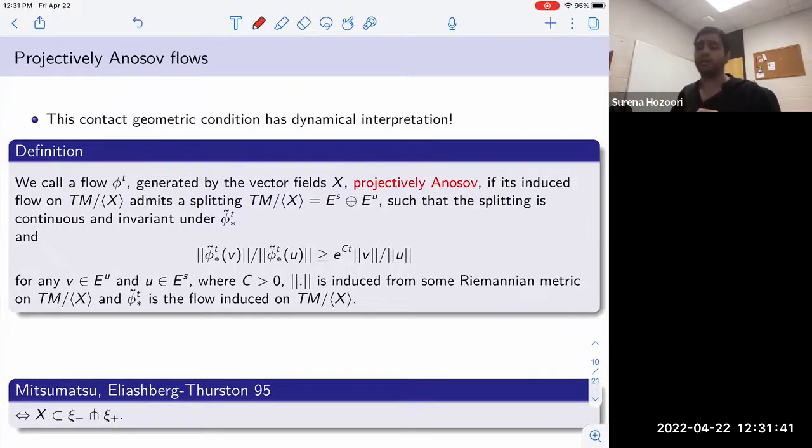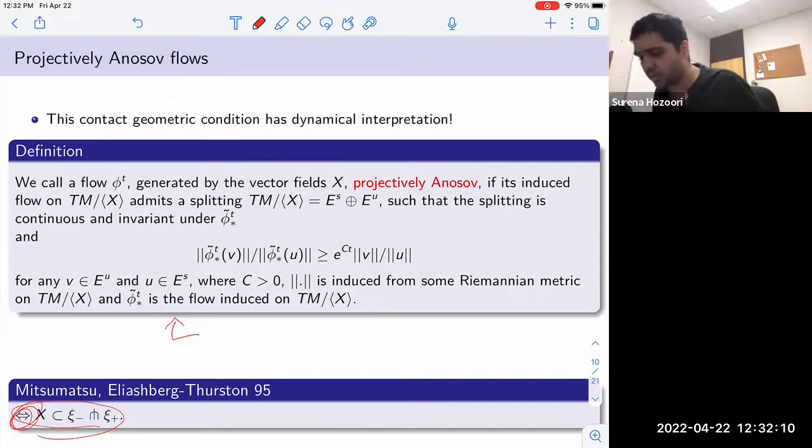But before getting there, it turns out that this condition has some dynamical interpretation. If you look at this theorem or proposition at the very end, I'm stating that this vector field lying in the intersection is if and only if it satisfies this definition, which is a more or less dynamical definition, in the same taste as the definition of Anosov flows.